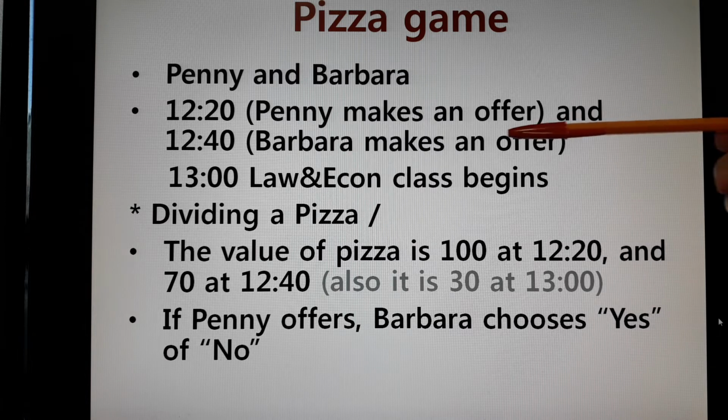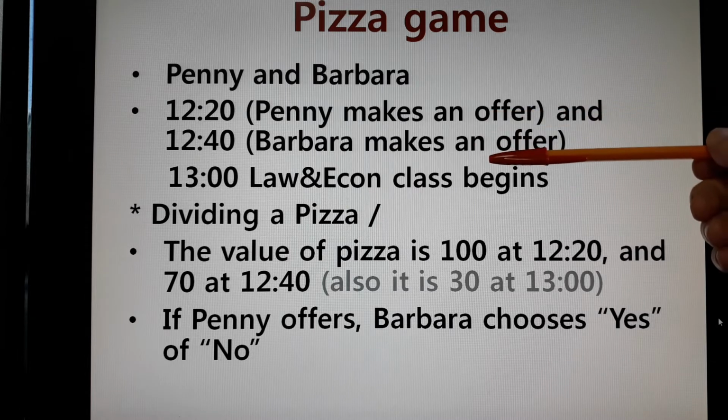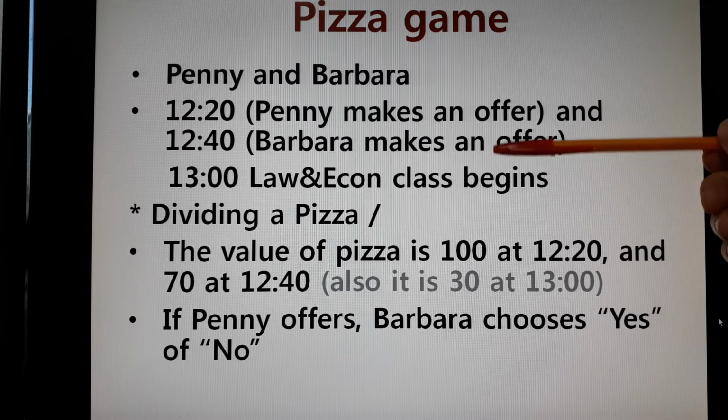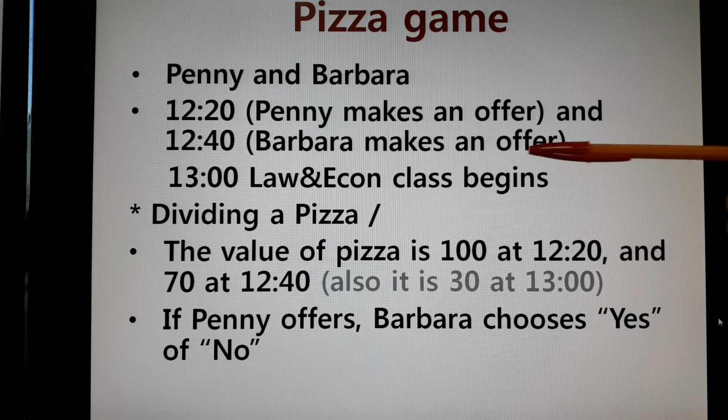But if Barbara says no at 12:20, they wait 20 minutes. And this time, at 12:40, Barbara makes an offer. So Barbara says, okay, let's divide it 50-50. If Penny accepts that, she says yes, and the pizza would be divided as Barbara has suggested.